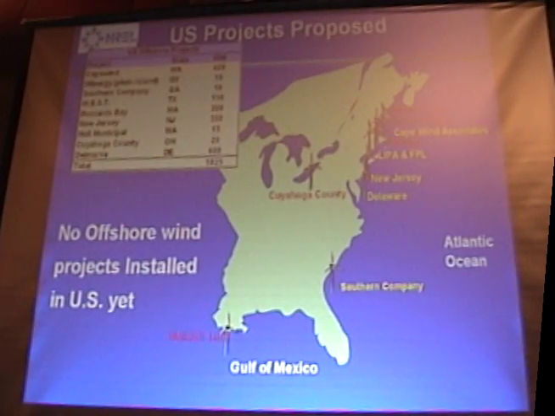We're not resource constrained. And there are several projects being proposed in the United States today. You see there's about 10. I don't have this completely up to date, but most of the big projects being proposed are up in the Northeast, where the people happen to be, which is the big benefit of offshore wind. Most of the population is within just a few miles of where these good sites are.